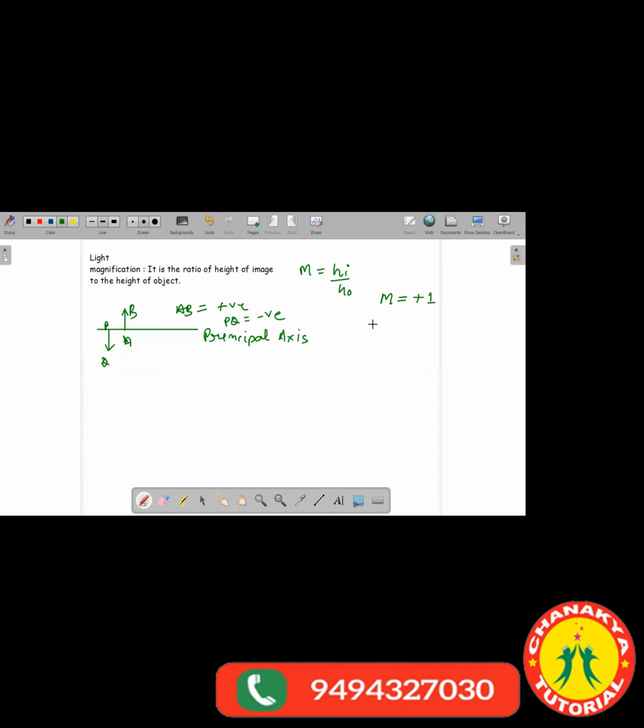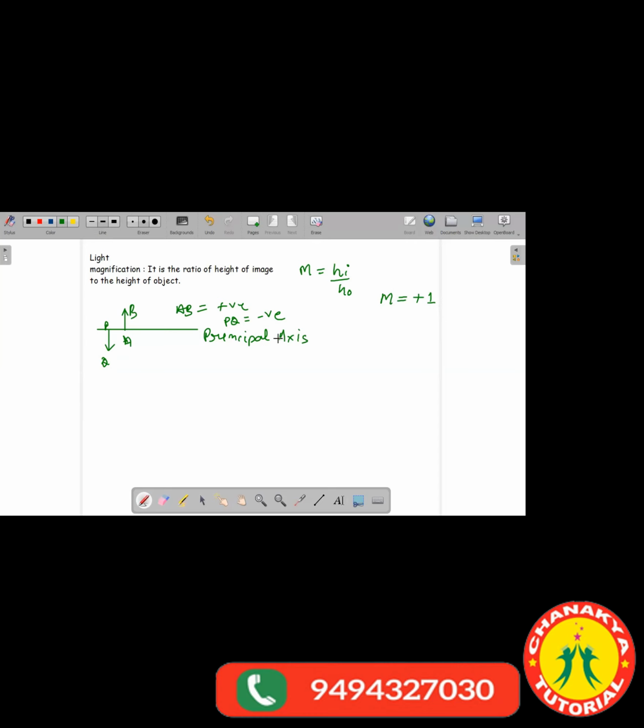Is it inverted or is it erect? Yes, it will mean that the image is erect. Image is not inverted, it's erect. So the image is erect since the value of magnification is positive.